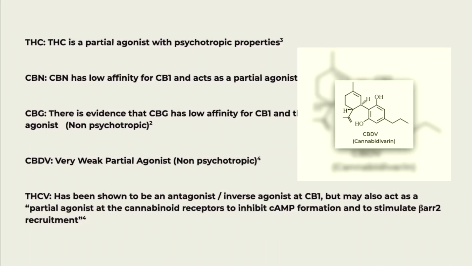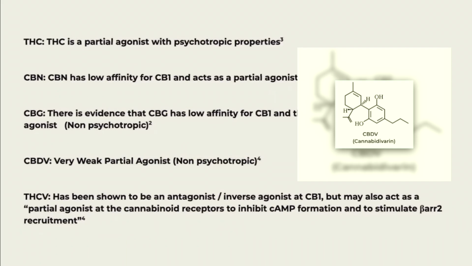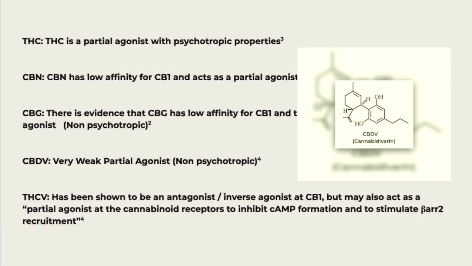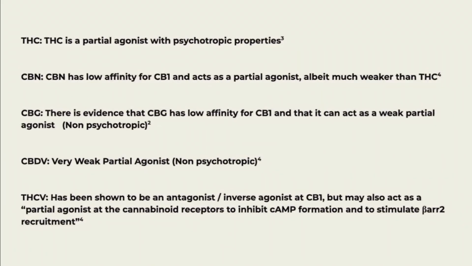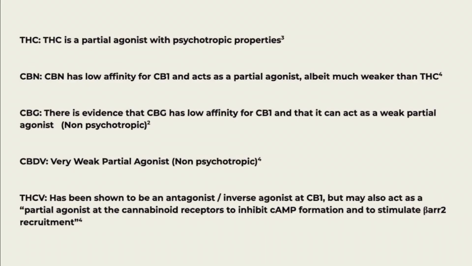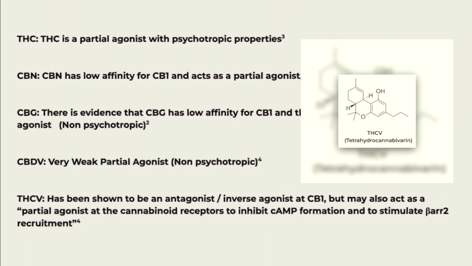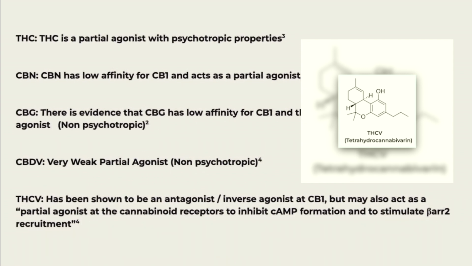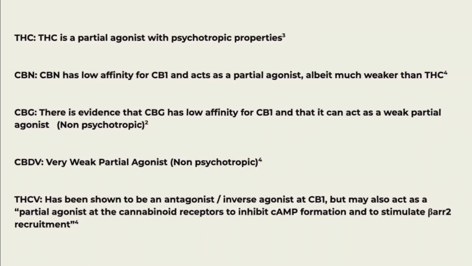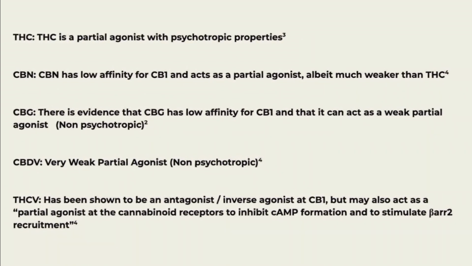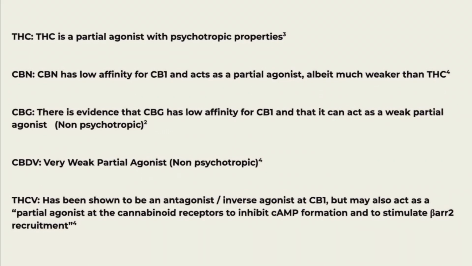CBDV is a very weak partial agonist, meaning it only slightly activates the CB1 receptor and is therefore also non-psychotropic. Moving on, THCV has been shown to be an antagonist or an inverse agonist at CB1, meaning it can hold the space of the receptor and block the activation of it.